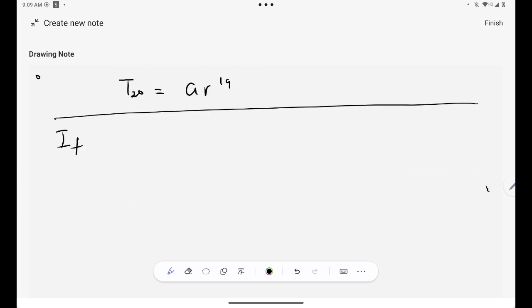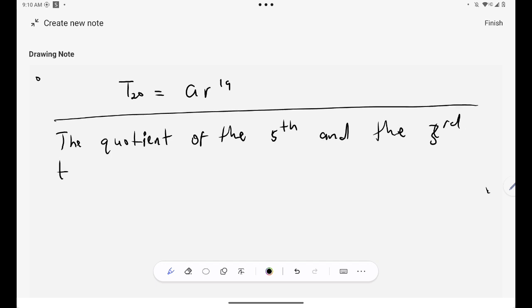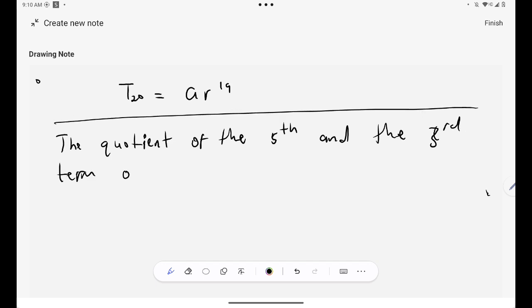If I want to write something like this: the quotient of the fifth and the third term of a geometric sequence is 4.